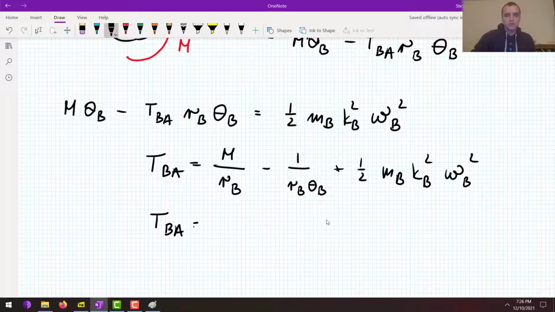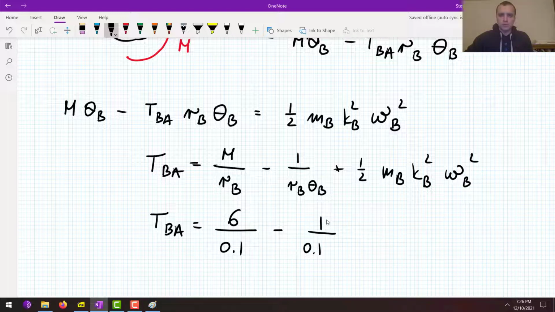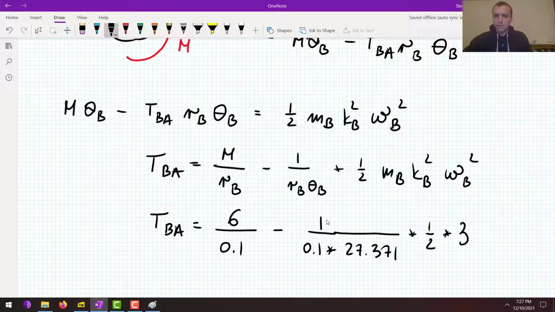So let me plug in values. T_BA is equal to 6 divided by, if I remember correctly, this was 0.1, minus 0.1 times 27.371 times 1/2 times 3 times 0.08 squared times 20 pi squared.